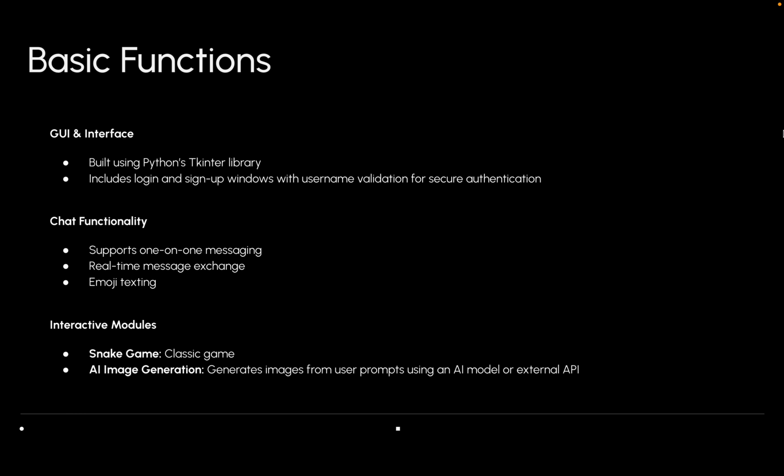We build the GUI and interface using Python's Tkinter library and include login and sign-up windows with username validation for secure authentication. And we also support one-on-one messaging, real-time message exchange, and emoji texting. And we include 2 interactive modules, the classic Snake Game and an AI image generation function, which can generate images from user prompts using an AI model or external API.